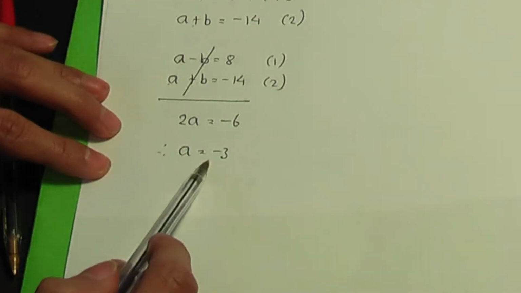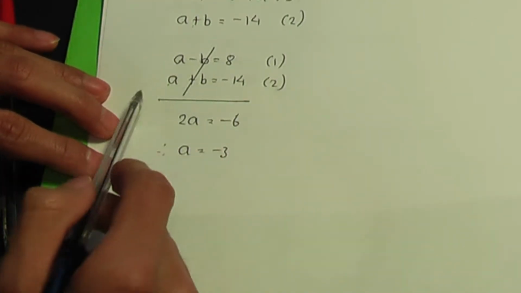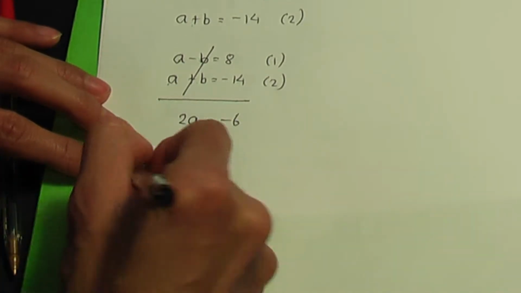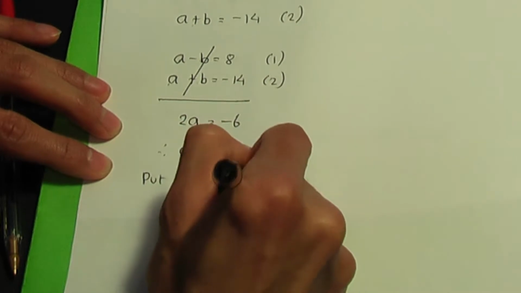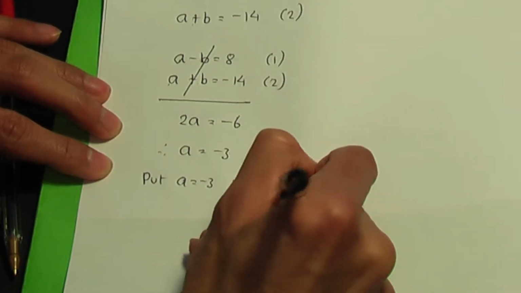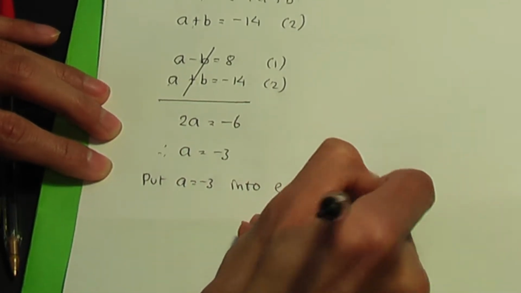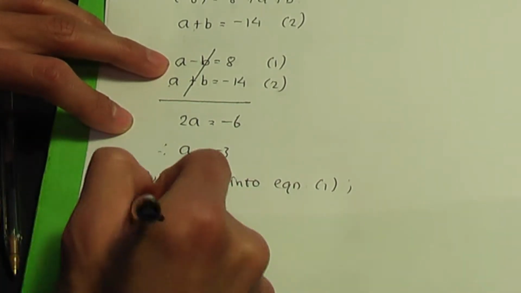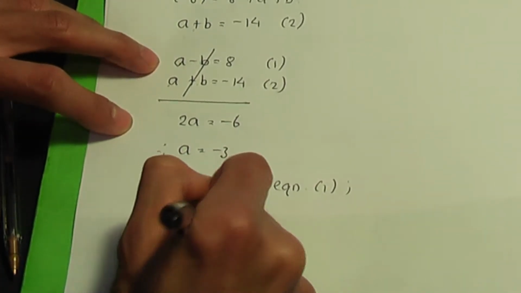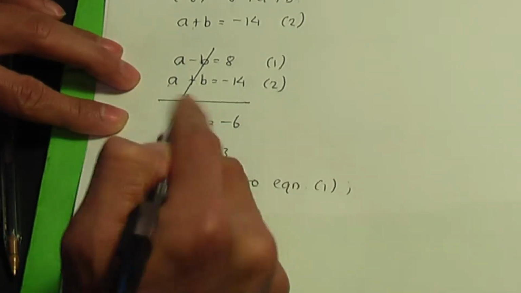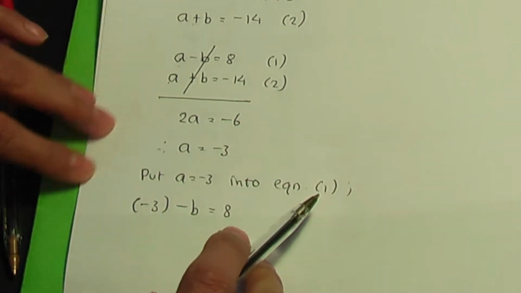If I put the a value into either equation 1 or equation 2, so if I put a is equal to minus 3, say, into equation 1, we're going to have a, which is minus 3, minus b, that is equal to 8.